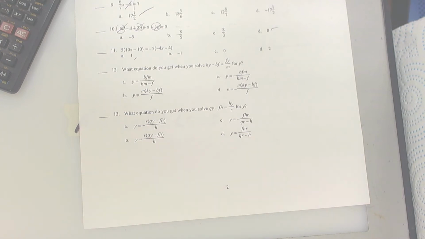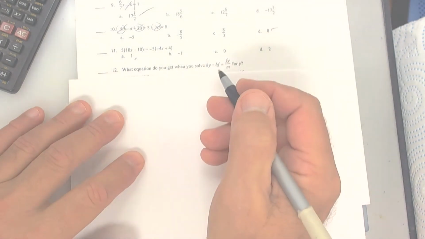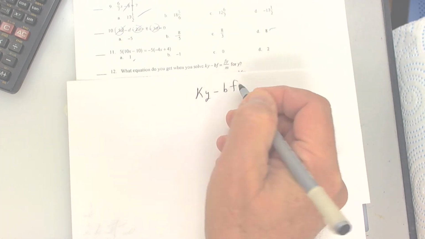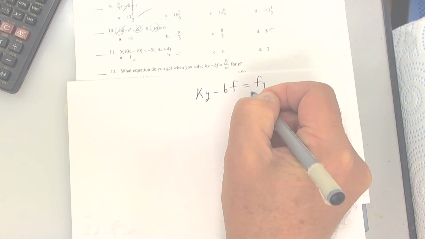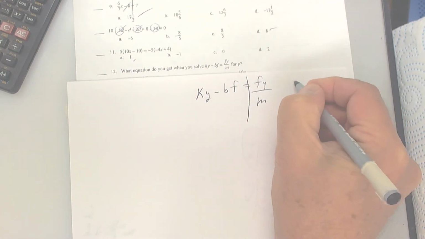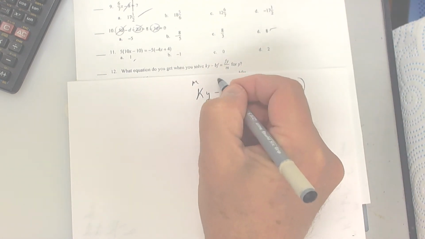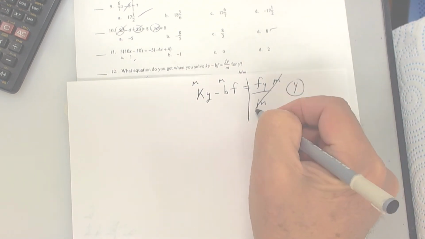It helps when you have choices, okay? Let's try it again. We're trying to get y. Okay, so you're going to get ky minus bf equals fy over m. And you're trying to get y alone. So you're going to multiply by m, just like I did. So this cancels.